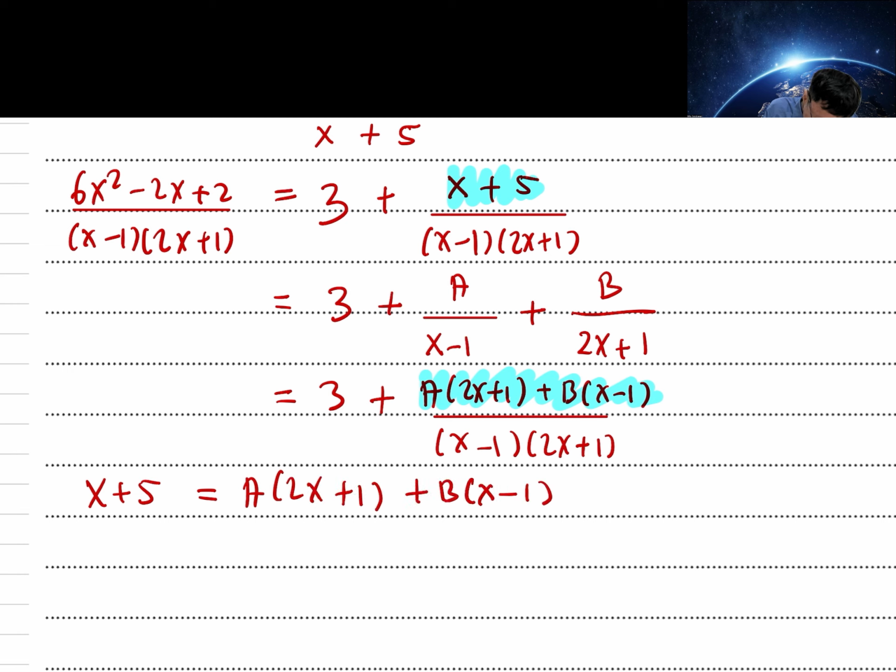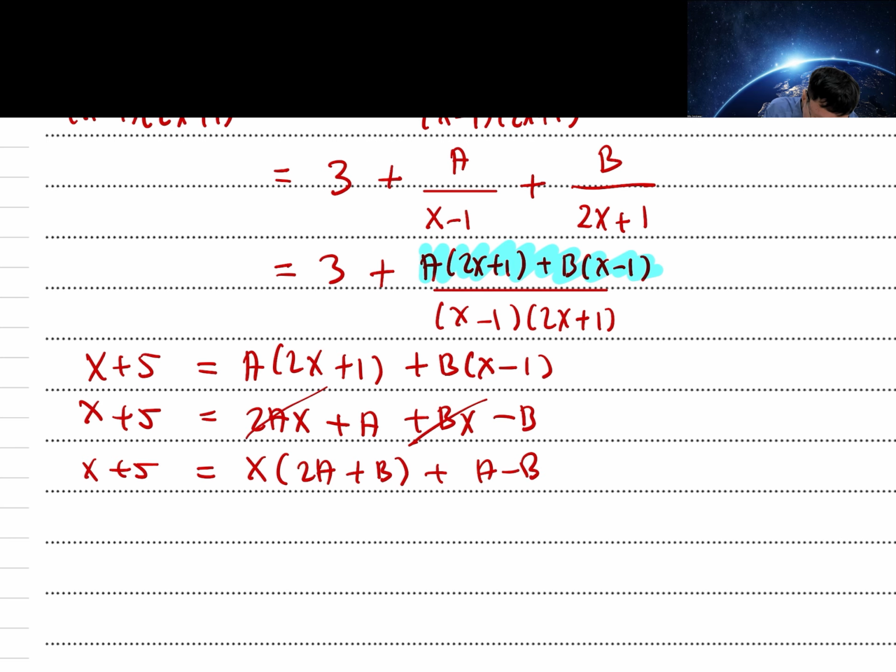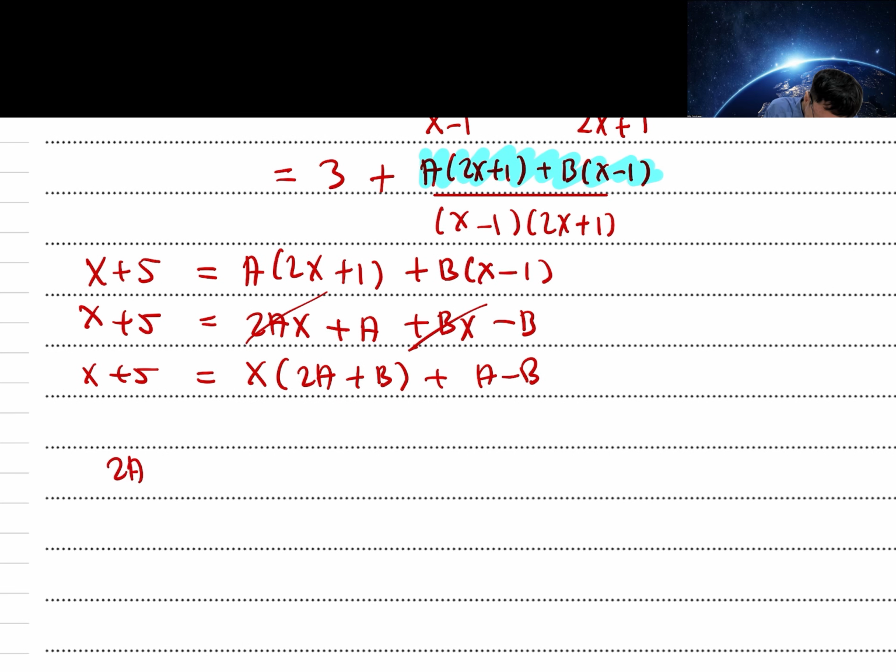We can expand, so we get 2ax plus a plus bx minus b. And then once again, we collect the x, so we get x in the bracket 2a plus b, and a minus b as a constant. So we have 2a plus b equals 1, a minus b equals 5.